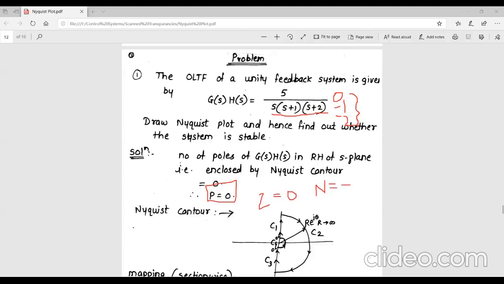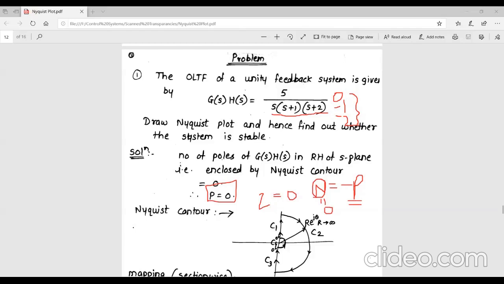So the modified Nyquist criteria is N is equal to minus P. In the end, we will see how many encirclements there are around the critical point, and that has to be equal to minus P. In this particular case, the value of P is 0. So for the system to be stable, the value of N has to be 0. That means there are 0 encirclements around the critical point.